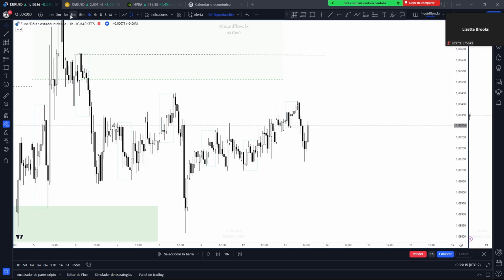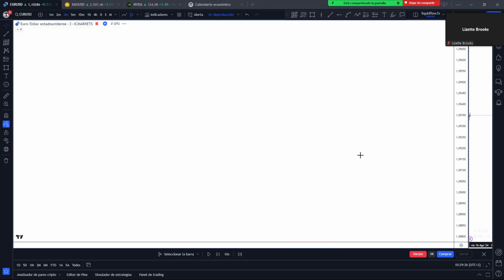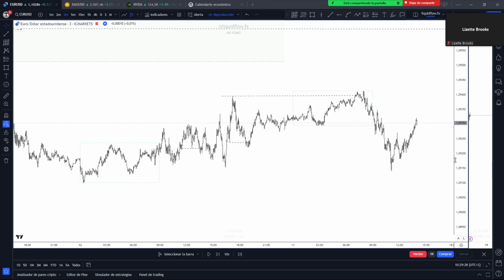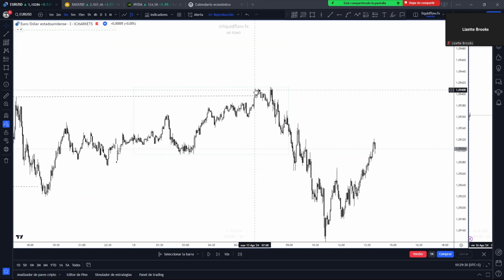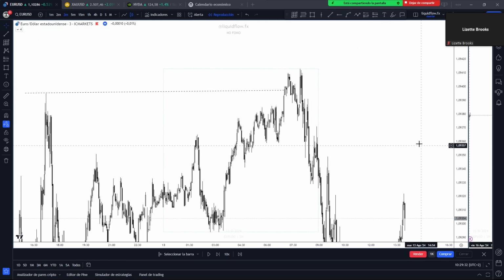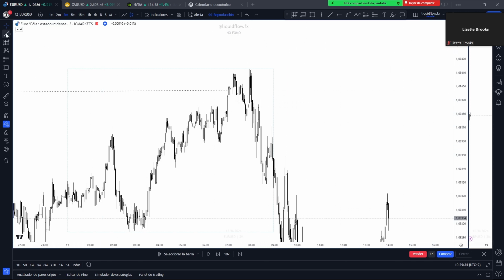Again, you could trade this one. Yeah, you could trade this one actually. As you see, you say, okay, I'm going to trade in London like I do. What do we have? Sweep of liquidity. One, two, okay. This is a good trade, right?